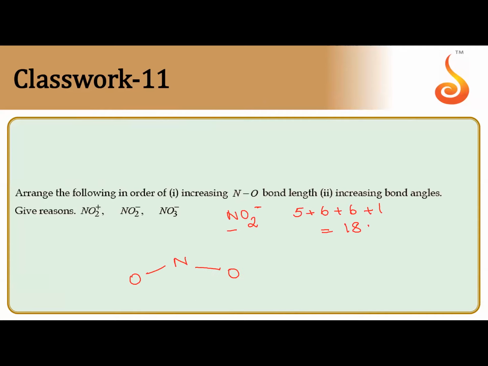Oxygen I have already calculated, 5 plus 1, 6 by 2, it has a lone pair. So that helps here. That means I think there is one more bond. I'm just going to write it and then calculate.